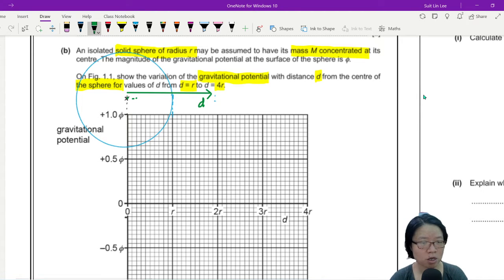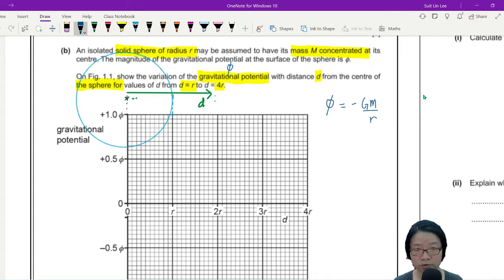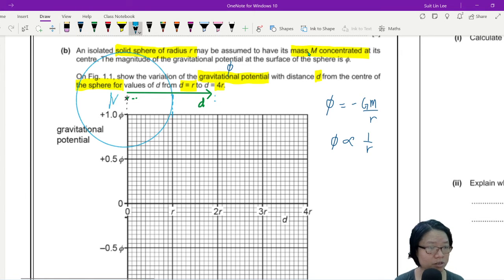First things first, we need an equation for gravitational potential. You recall that gravitational potential is negative GM over r. So from here, I can tell potential is inversely proportional to r, because G is a constant and the mass of the planet, this big M here, is constant.